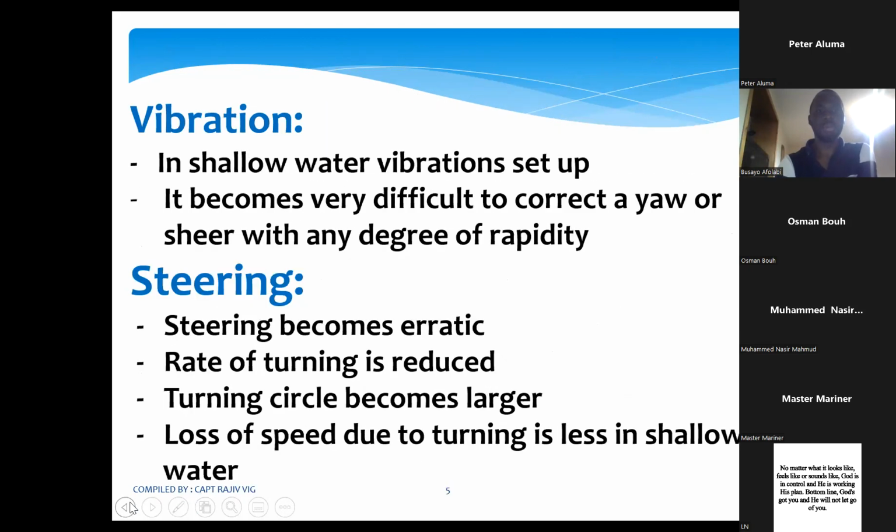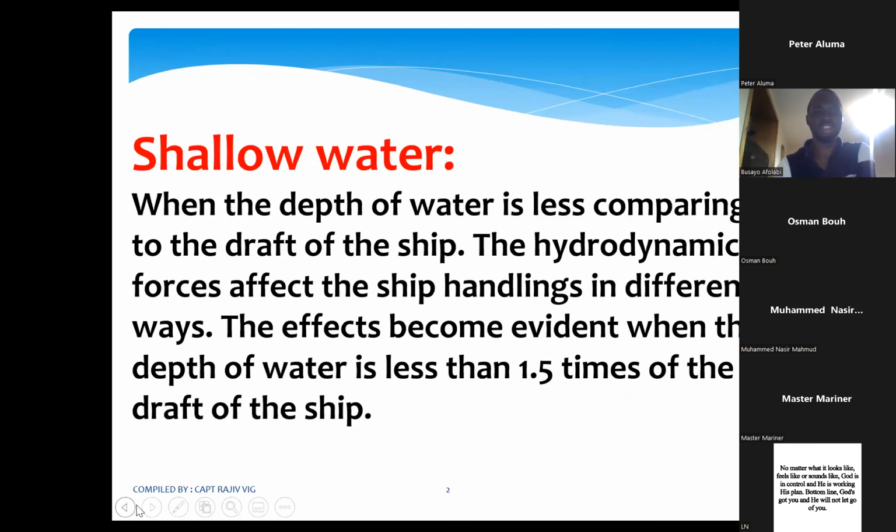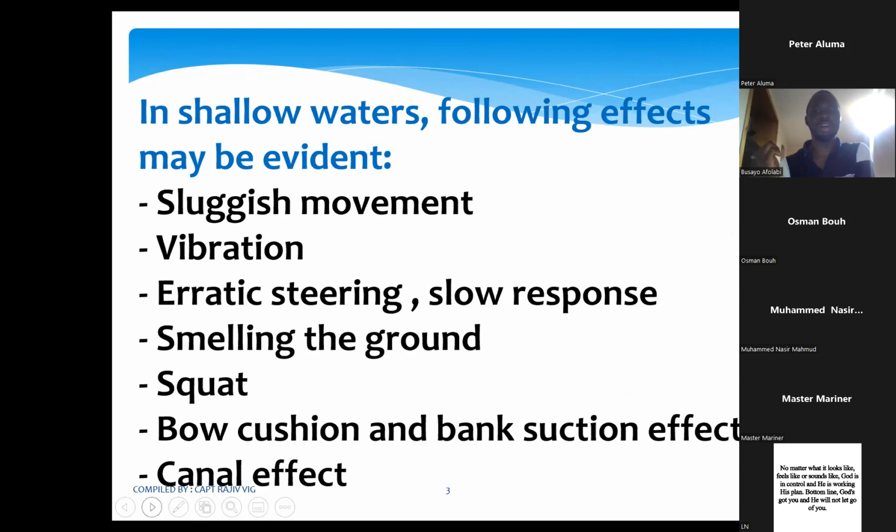Another important factor for you to know is that the effect of shallow water is not only limited to the bank effect or squat or interaction, but there are also other effects that your vessels will face. If there is sea room, stay midstream while sailing through a narrow channel with shallow water.